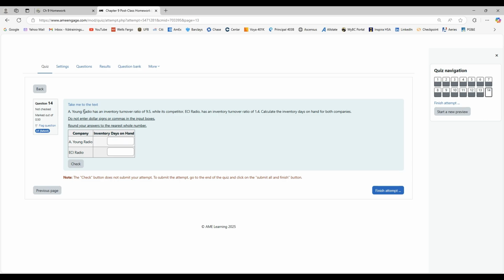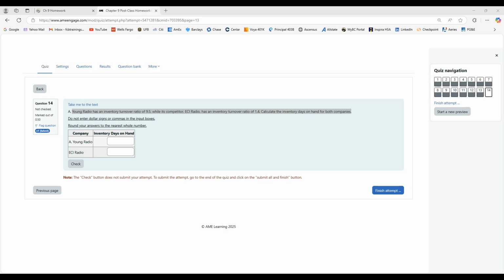All right, so let's look at our problem here. This is our final one, and we're going to be looking at inventory turnover ratio. What we want to do is calculate the inventory days on hand for both companies.